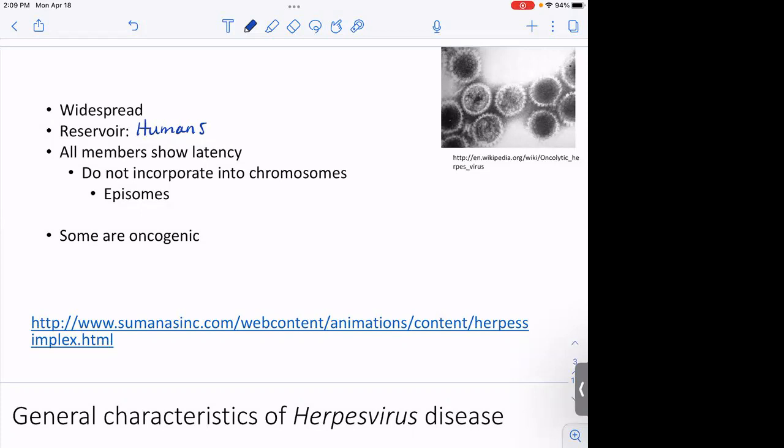And that just means that the viral genome can integrate into our genome. They actually don't incorporate right into the chromosome. If here's one of our cells, here's the nucleus, and here are our chromosomes in the nucleus, they don't incorporate into that chromosome. I should have drawn the nucleus a little bit bigger. They actually incorporate as episomes.